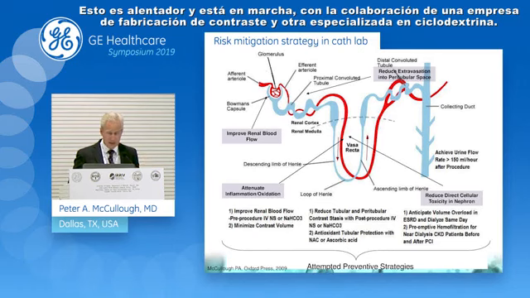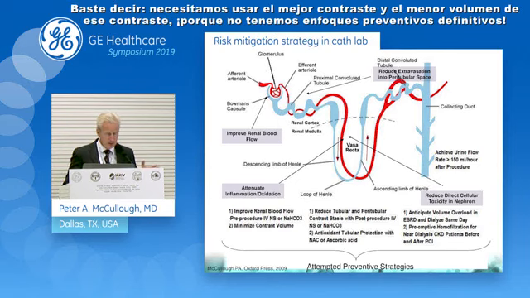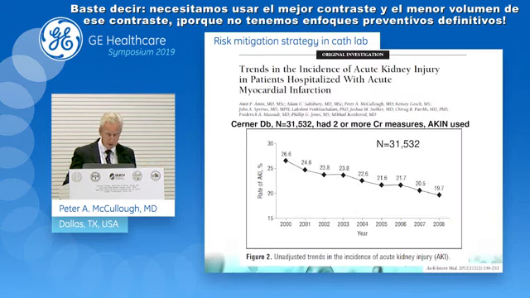It's moving forward now with a collaborative that's occurred between a manufacturer of contrast and a company that specializes in this cyclodextran technology. But suffice it to say, we really need to be using the best contrast and the lowest volume of the best contrast because we don't have bona fide preventive approaches.